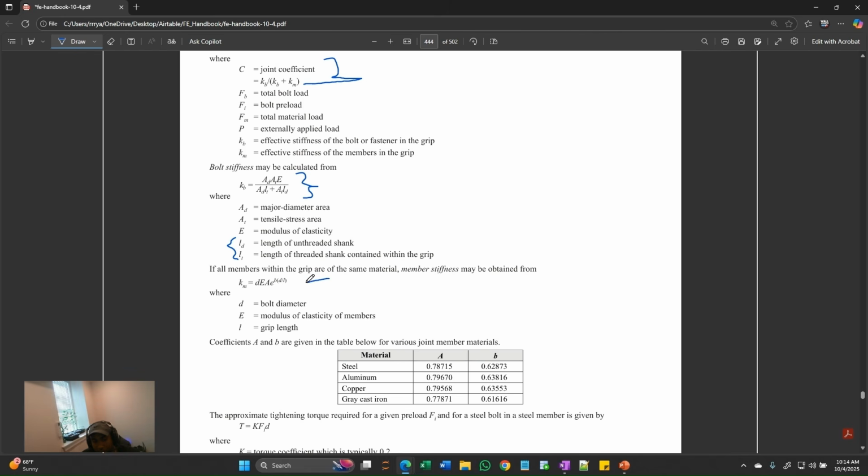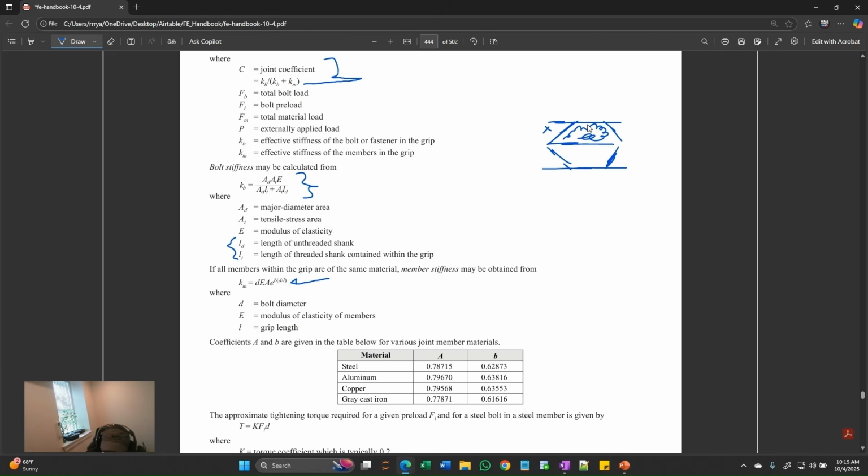And there is an equation for the member stiffness. If you remember, we had that bolted joint, kind of like this, and I had some lines drawn. It's thought that the compression of the members is really following a pattern like this, such that anything outside the lines is not really feeling compression. Anything inside of the lines is being compressed. And this truncated cone kind of shape is referred to as a frustum.